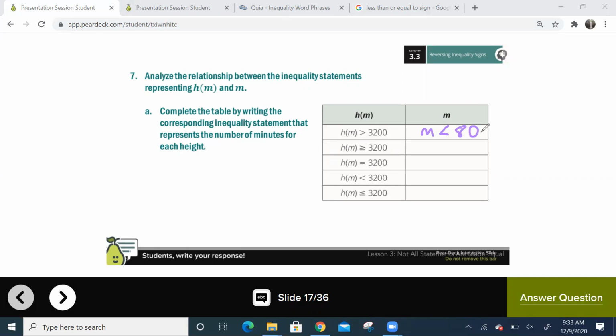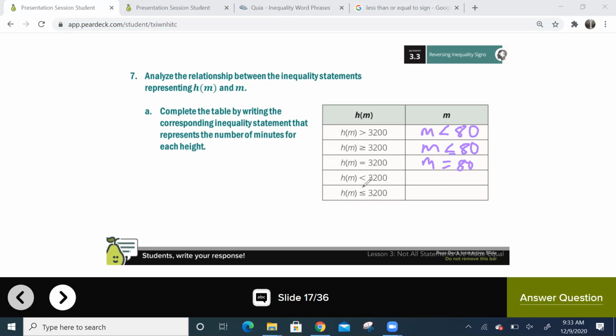Okay. When would you be greater than or equal to 3,200? Well, that's going to be when m is less than or equal to 80. How many minutes would have passed when you're exactly at 3,200 feet? Well, it's going to be exactly at 80 minutes.